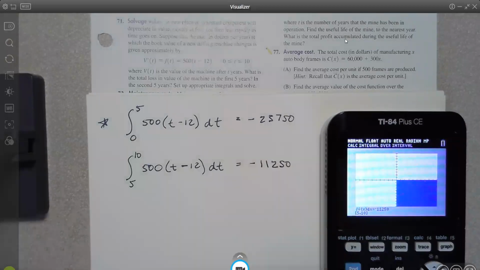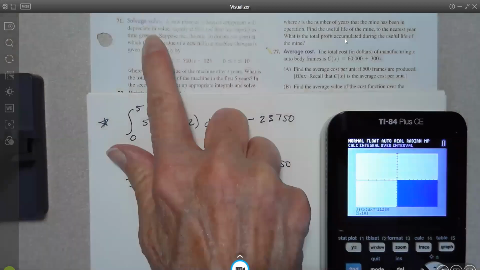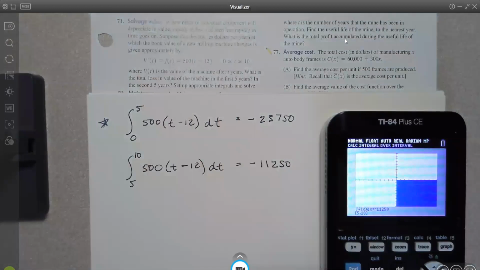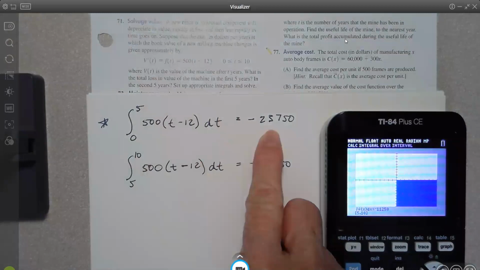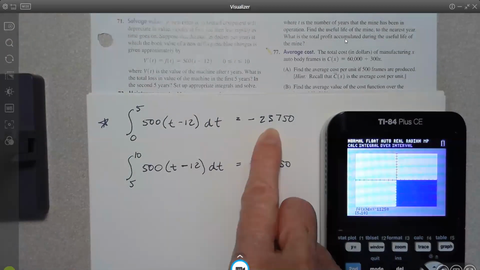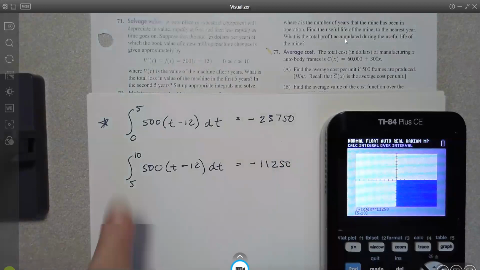It is negative because if you'll notice up here, it depreciates, and depreciates indicates a negative value. So that is depreciating by $23,750. It's depreciating by a negative amount. That negative indicates the depreciation. But again, this very first one, that's where I have a lot of people sort of have issues.